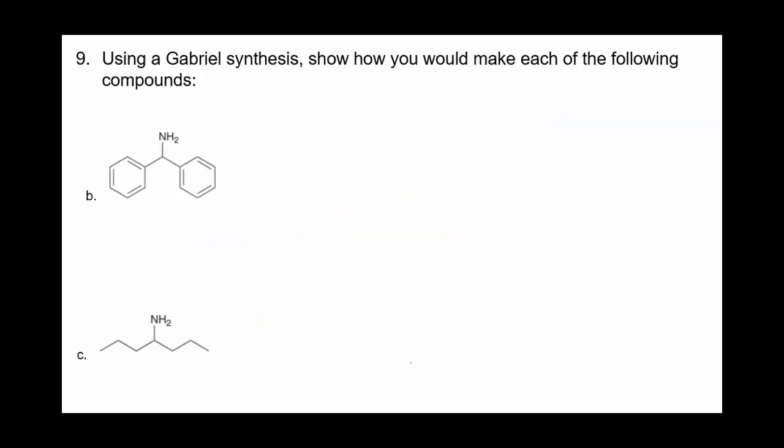Okay, so using the Gabriel synthesis, how would you make each of these? So remember, the Gabriel synthesis involves phthalimide. We need KOH, some alkyl halide, followed by NH2NH2.